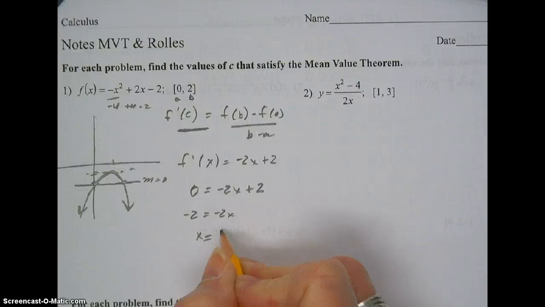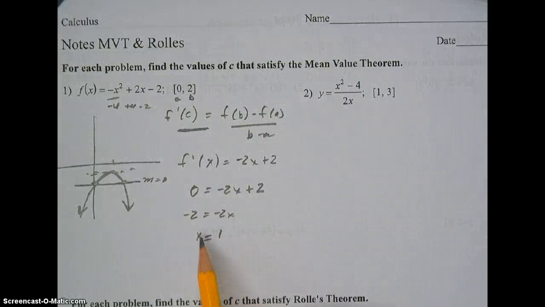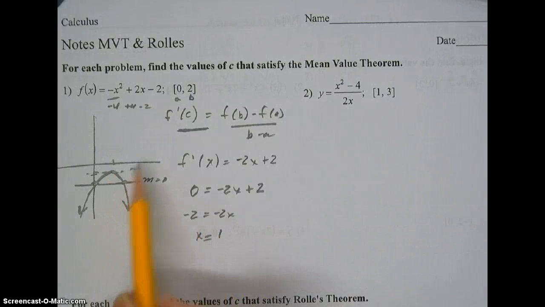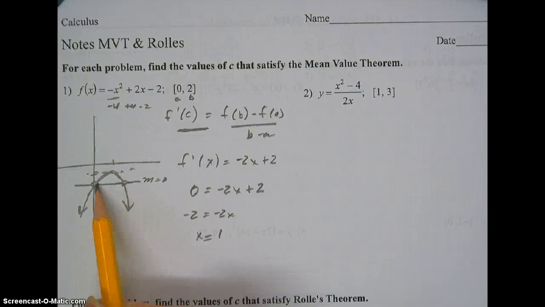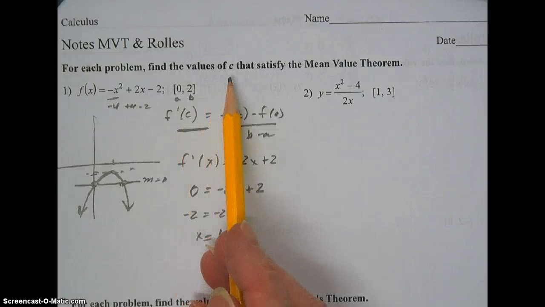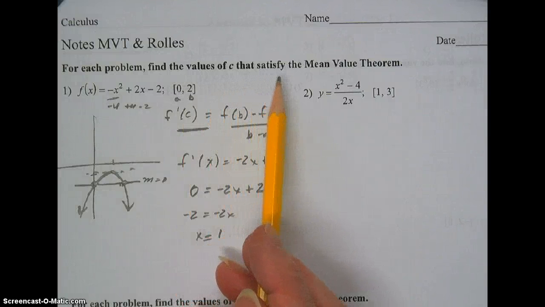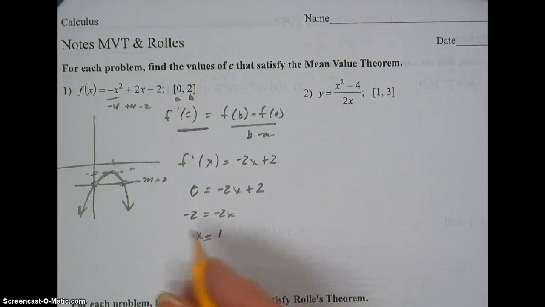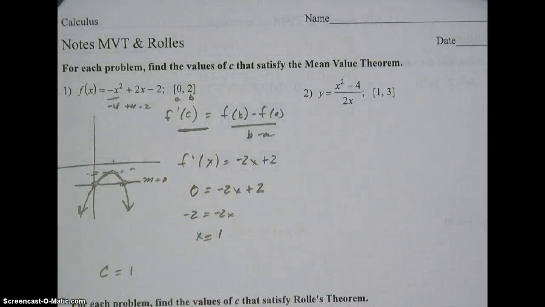When x equals 1, the slope will be exactly the slope of the secant between those 2 points. So the value of c that satisfies the mean value theorem in this case is c equals 1. And we can kind of see that.